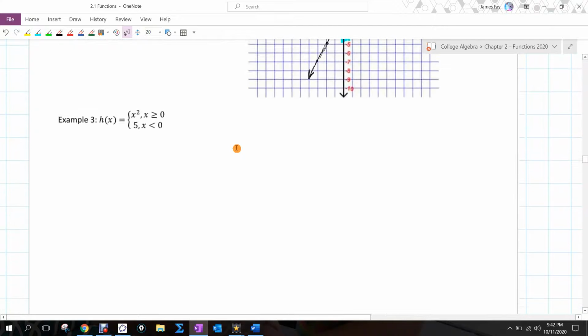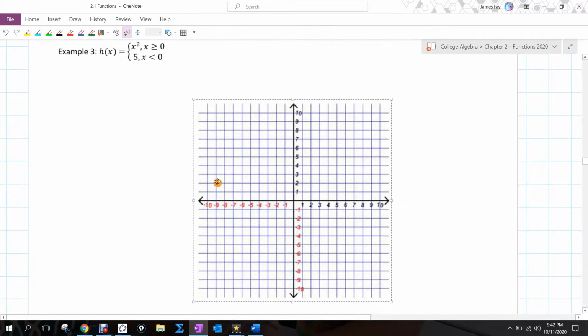And we'll do one more. Okay, so this one here, we have x squared for x greater than or equal to 0. So that's quadratic. So I'm going to look at my parent function of x squared and know some of those points. So if x is greater than or equal to 0, I know 0 is my first point I'm going to start with. On x squared, (0, 0) is that point.